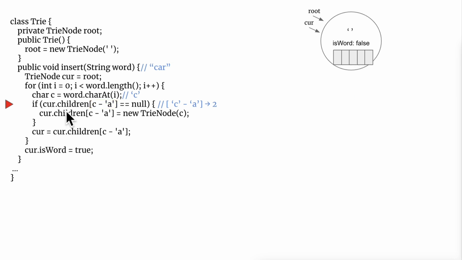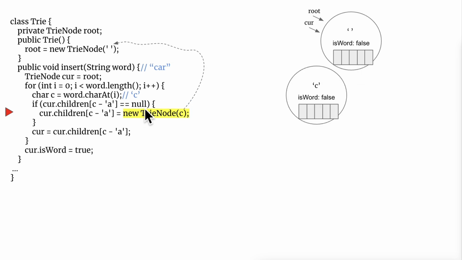We use an if statement to check whether this position, index 2, is None or not. Obviously, for this new trie node, each value in the array defaults to None. So if the value is None, it indicates that there is no word starting with character C stored in this trie tree. So I'm going to create a new trie node.